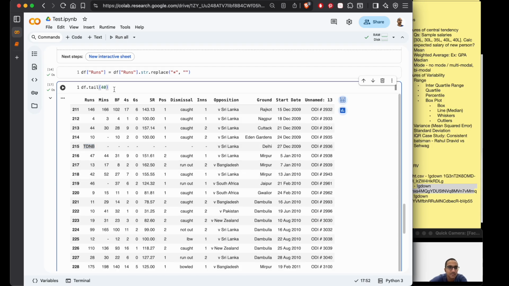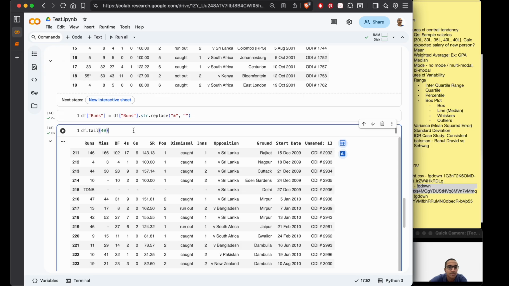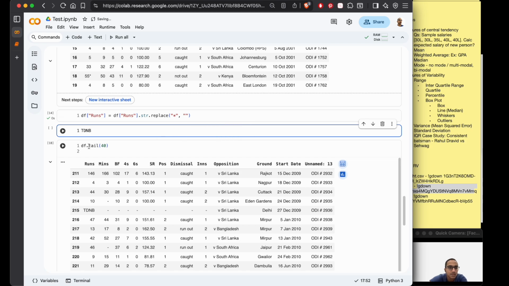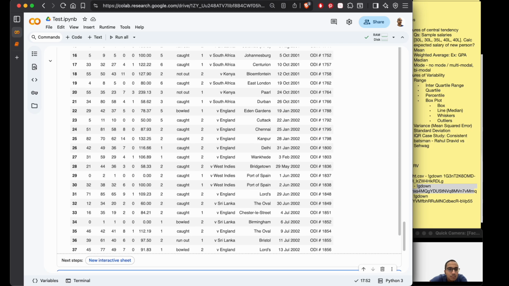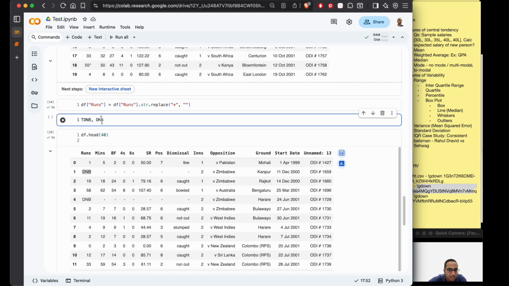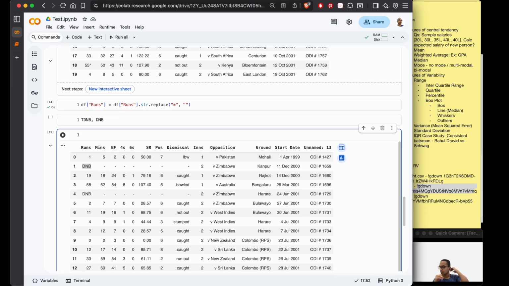So we want to get rid of TD and B, and D and B. We want to get rid of these two values. So first of all, we have to find the indices of the rows that have these values in this column. So indices equal to df dot, is it pd dot index or df dot index? One second.